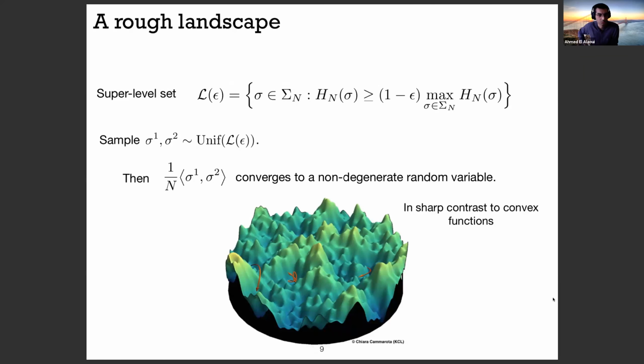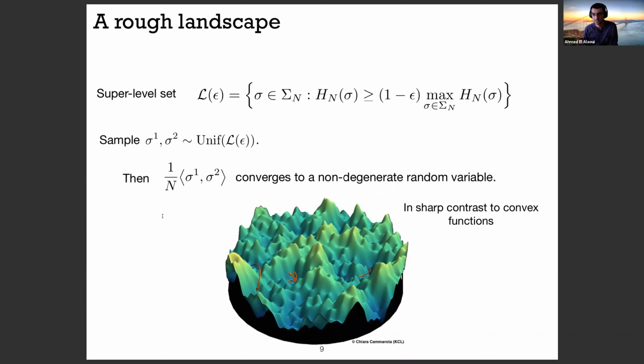Just a small word about the landscape of this Hamiltonian. If you look at the superlevel sets of this Hamiltonian, which means the configurations sigma that are at least 1 minus epsilon optimal, and sample two independent copies from it, sigma 1 and sigma 2, from the uniform measure on this set, then it turns out that the inner product between these two samples will converge to a non-degenerate random variable. So you wouldn't have concentration at all.